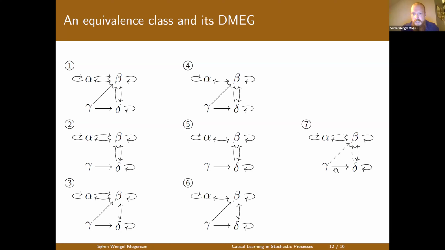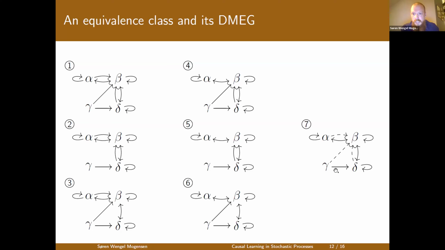So the directed one from gamma to beta is in this one, but it's not in that one. In this way, this graphical object that we call a directed mixed equivalence graph summarizes the entire equivalence class. And this is essentially what can be learned from tests of Granger non-causality.